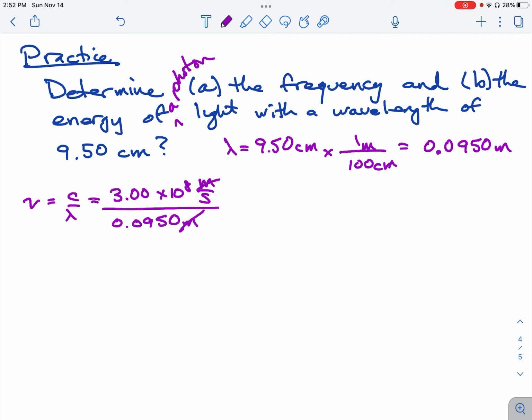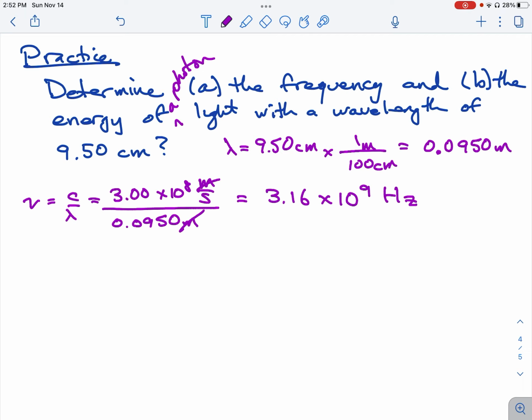And that's going to give us 3.16 times 10 to the 9th hertz.